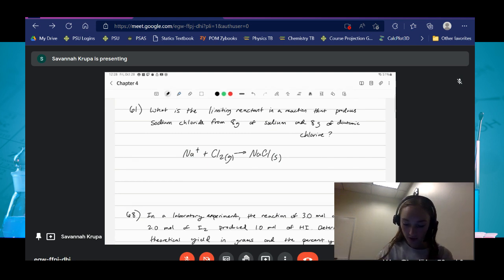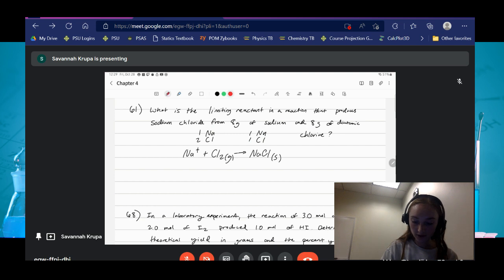We can see that we only have 2 different atoms, sodium and chlorine. On the right side we only have 1 of each, and on the left side we have 2 chlorine and 1 sodium.